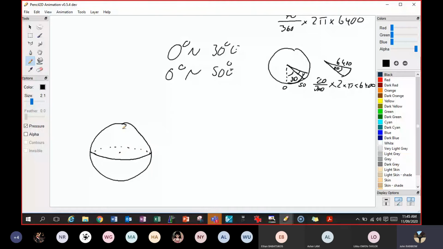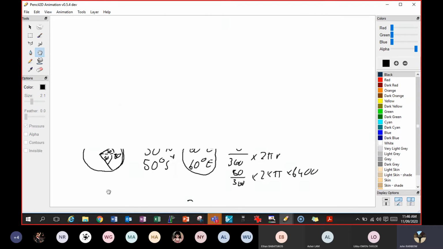but you've got 2 points. You've got a point here and you've got another point here. Now, they're going to fall on a smaller circle. Because if you want to find the distance between these 2 points, you really need that circle there. And that circle there, if I take this circle out, is going to be, let's just say, I'm trying to remember how far north we went in the original question.